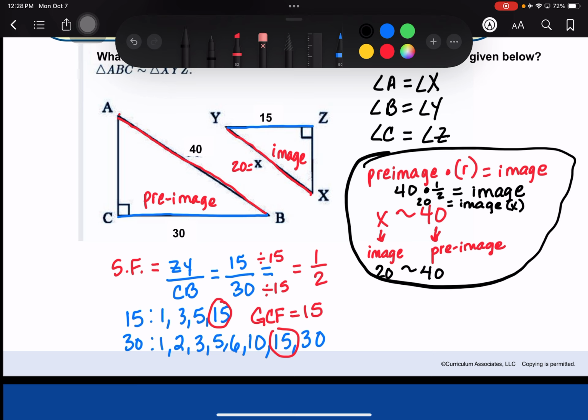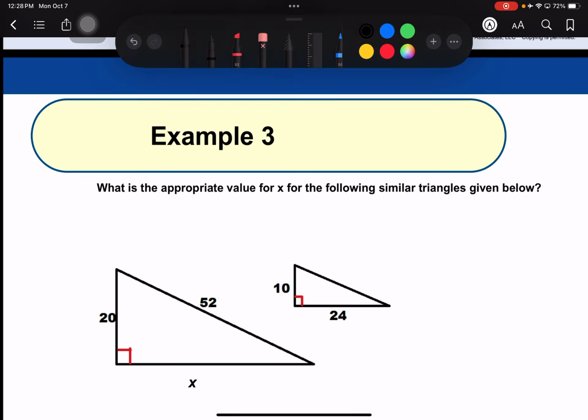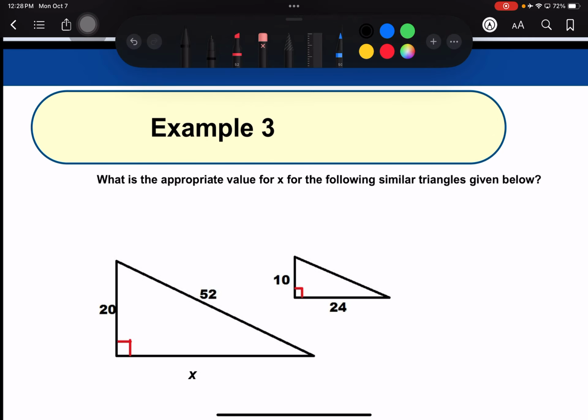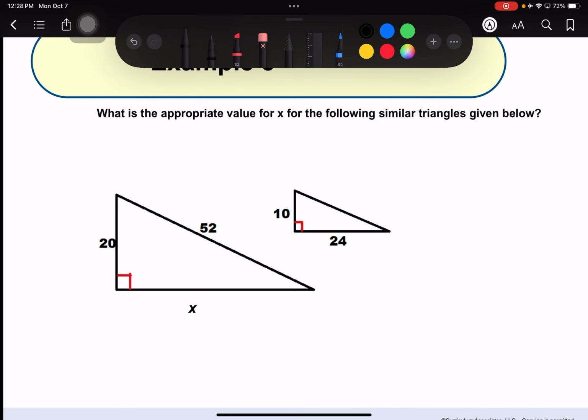Let's look at example 3. Example 3 is the same thing. It says we're trying to find appropriate value for x. So to find x, we can also do this another way. Let me show you this way. 20 is similar to what side?